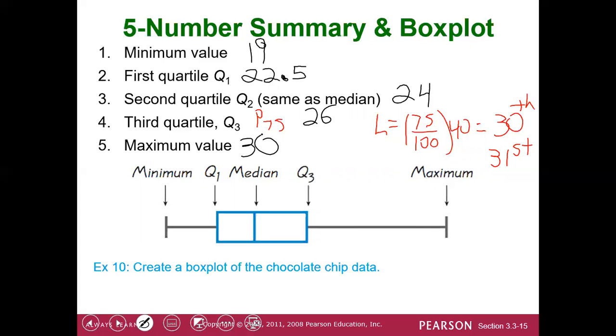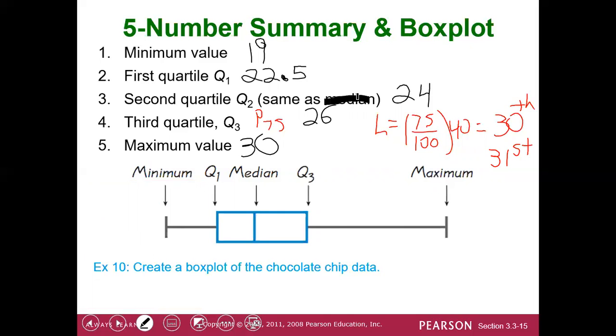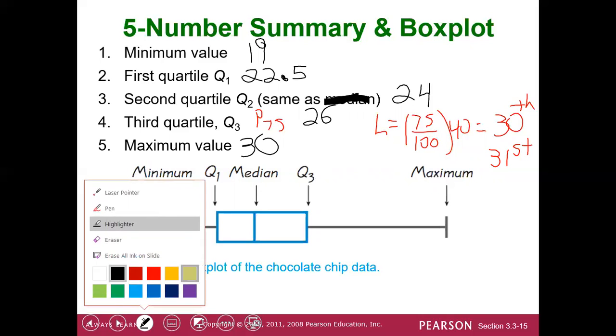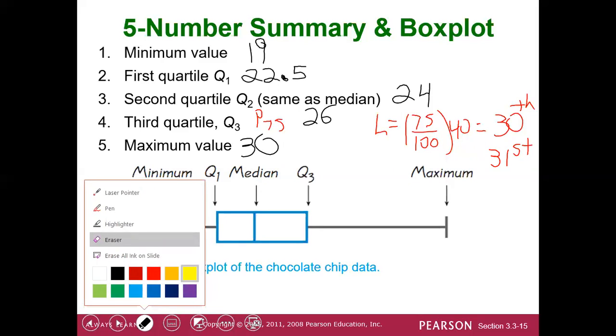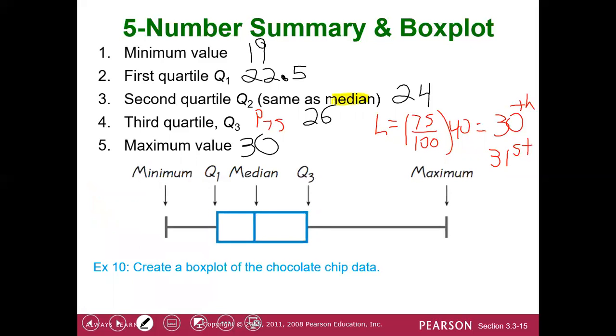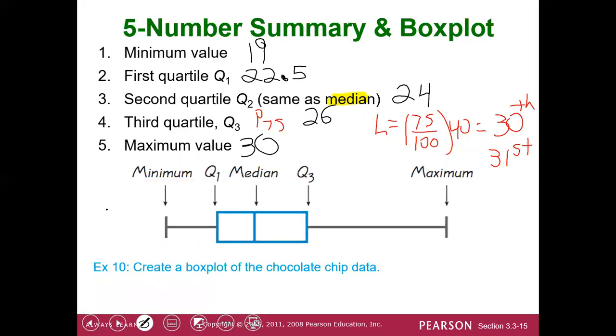Also, again, notice 5-number summary and percentiles, these have nothing to do with the mean. The median comes up in this, but not the mean. The mean is used for z-scores and standard deviation, not for this.